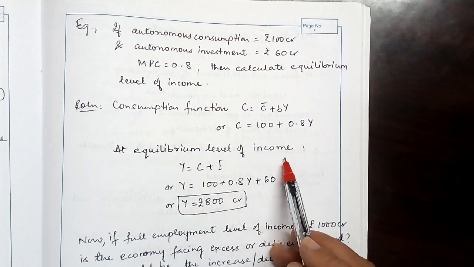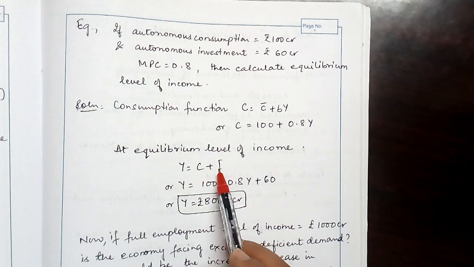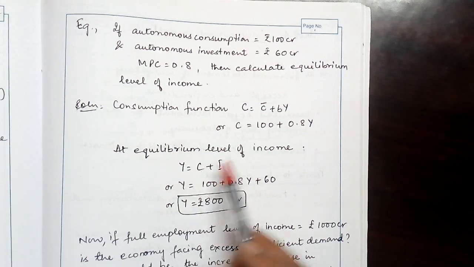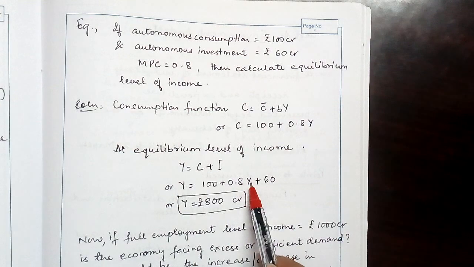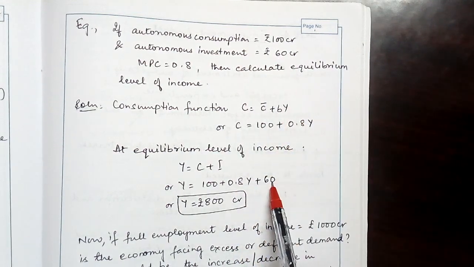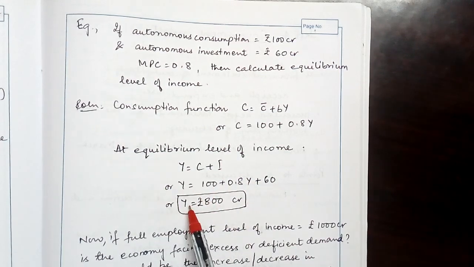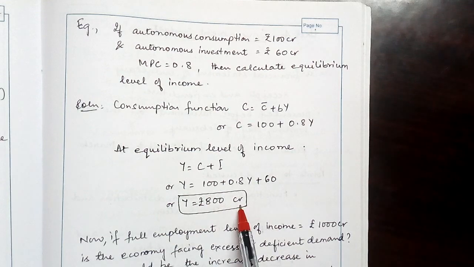At equilibrium level of income, we know Y is equal to consumption plus investment. Now in place of consumption, let us write 100 plus 0.8Y, plus investment, which is given as 60 crore. Solving it, taking this Y on the other side, we get Y is equal to 800 crore.